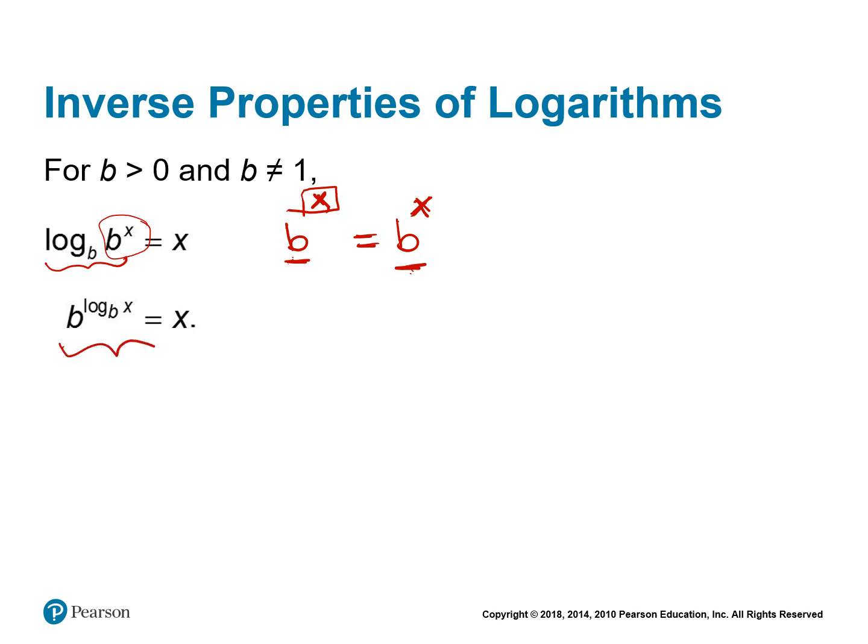The inverse of that is, and I'm pulling up my pointer here, b raised to the power log base b of x equals x. All right, so this is an exponential form. This is not a logarithmic form, or even though the exponent is given to us in logarithmic form, it's essentially an exponent.